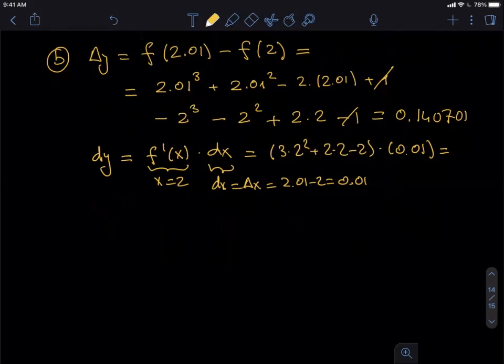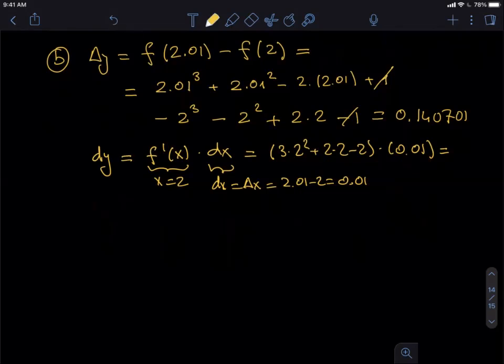So we have this quantity here that we computed once. And now we can use it again and again and again. And we just need to multiply by the error in the input every time, okay? So if I want to repeat this for 2.03, I will write here right away 0.03, that's it.